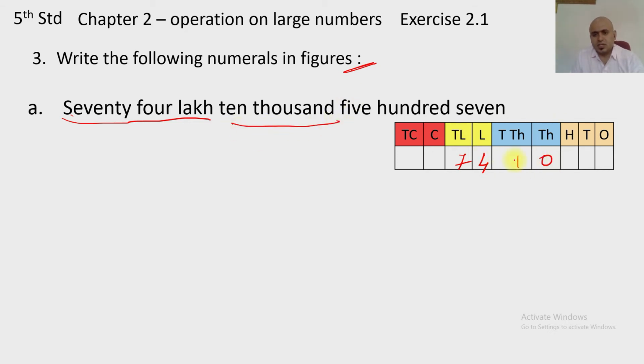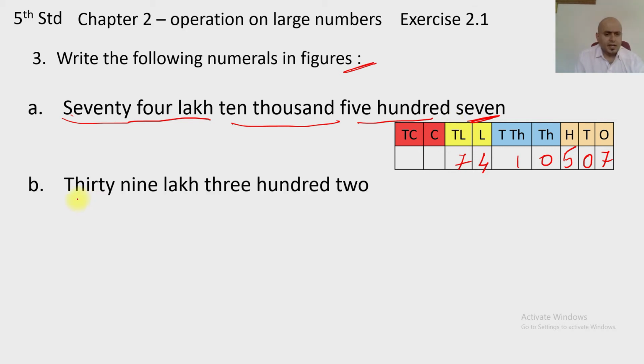That is 10,500, so in hundreds place, I write 5 and 7 in the last. That means this is in ones place. And the remaining, we have to write 0 in tens place. So here we read it as 74 lakh 10,507. Okay, let us see.